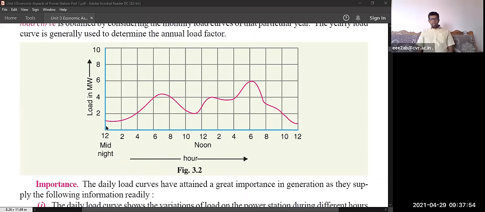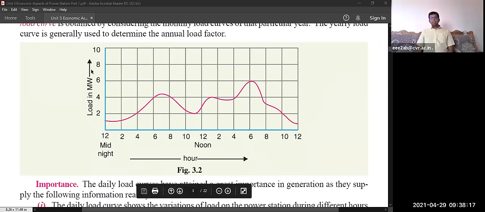And another thing, if you log in through your electricity board website, like TSSPDCL, you can easily get the load curve. Sorry, the daily load curve will not be there.